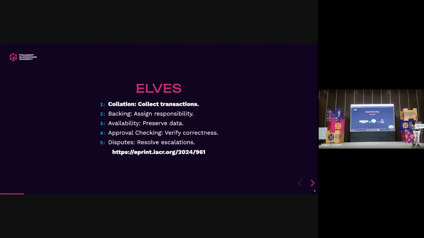So we discussed some of the responsibilities of collators. And we will actually be discussing them now. So yesterday, we kind of jumped into a bit of the backing and availability stuff, and we slightly brushed on the collation aspects.